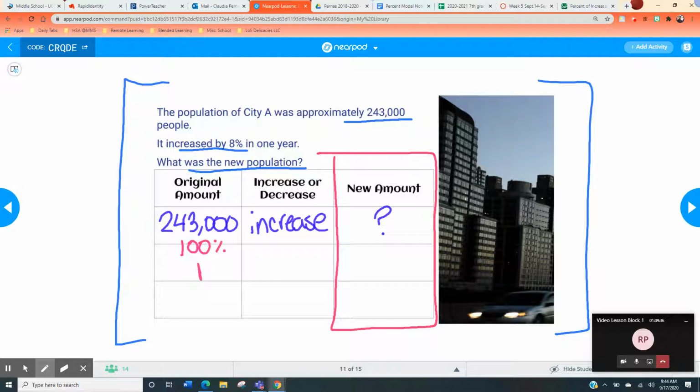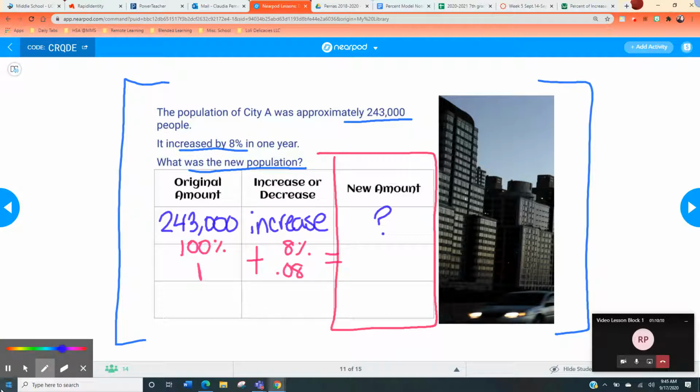Good. I like to hear those voices. So we said it's an increase. So is it plus or minus? Plus. Good. So I'm going to put plus right there. And we said it was 8%. And what is percent as a decimal? Yes, 0.08. Perfect. And then I'm going to put my equal sign right here.